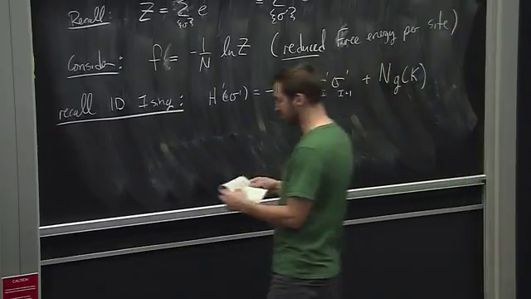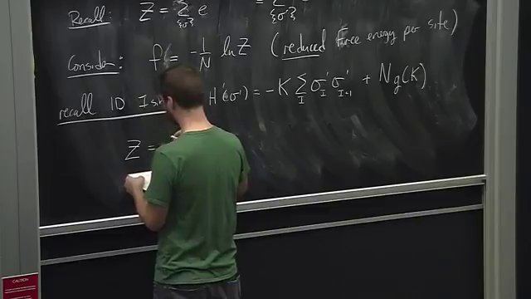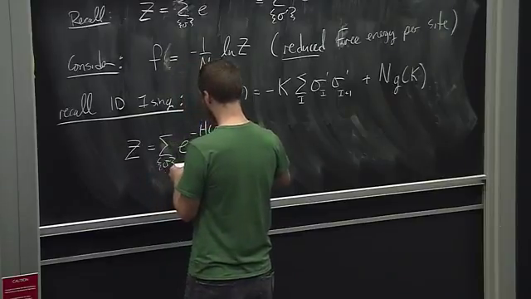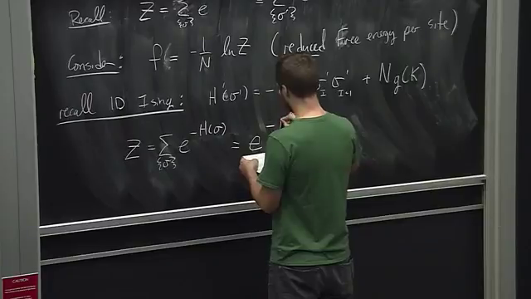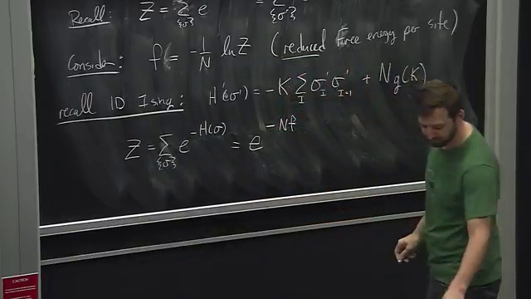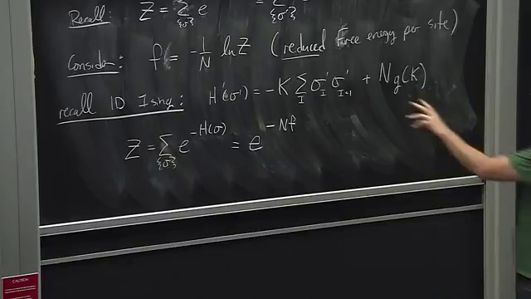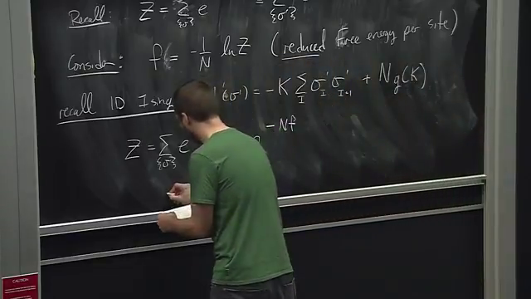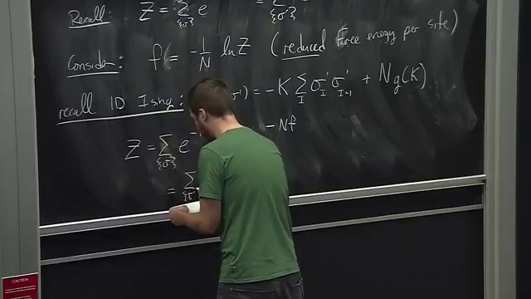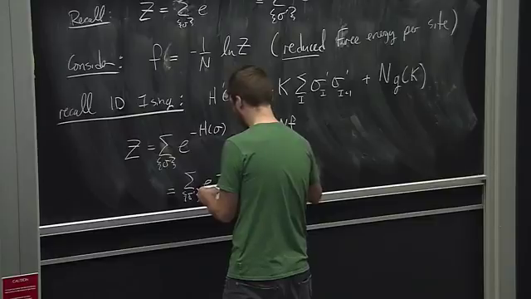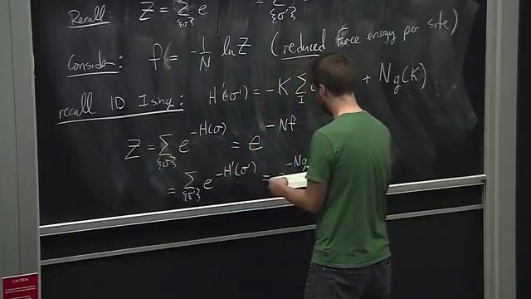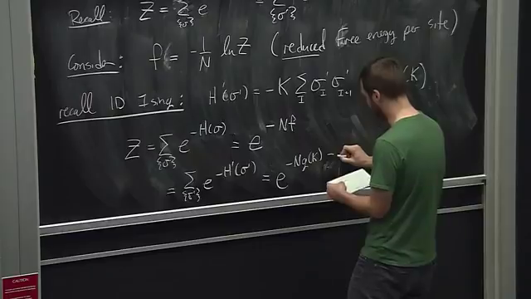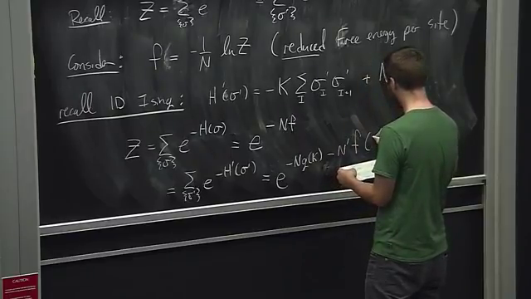So the partition function, which I can use, I can just invert this equation to get the free energy, is also equal to the sum over sigma prime of e to the minus H prime sigma prime, which is e to the minus N G, what do I call it, K. And we keep this in the exponential, minus N prime f of K prime.